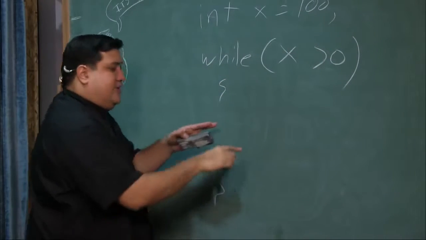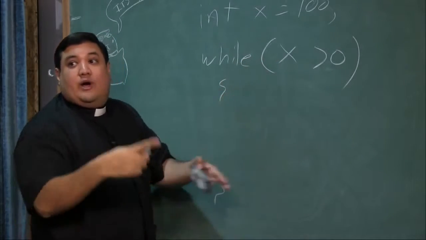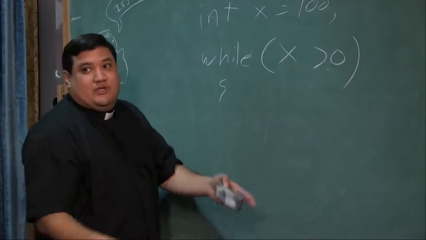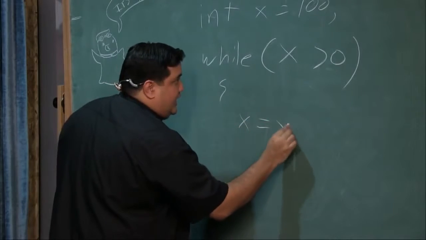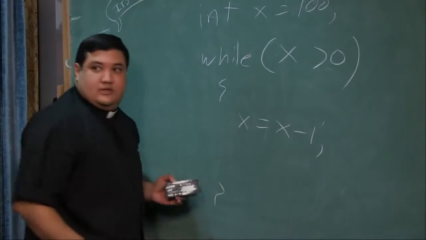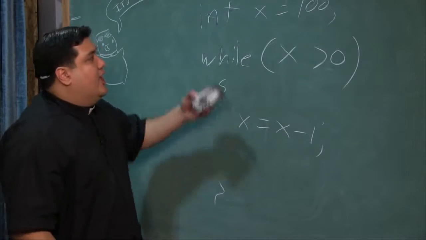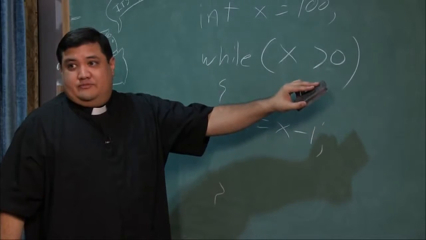And then we need to do something within the loop to make sure that we change the value of x, because otherwise, if this was true the first time and I never change it, it's always true. If it's false the first time, it never runs. So I'd say x equals x minus 1. So this is a simple loop. This actually won't output anything to the screen, but it will run until x is no longer greater than 0. That makes sense.